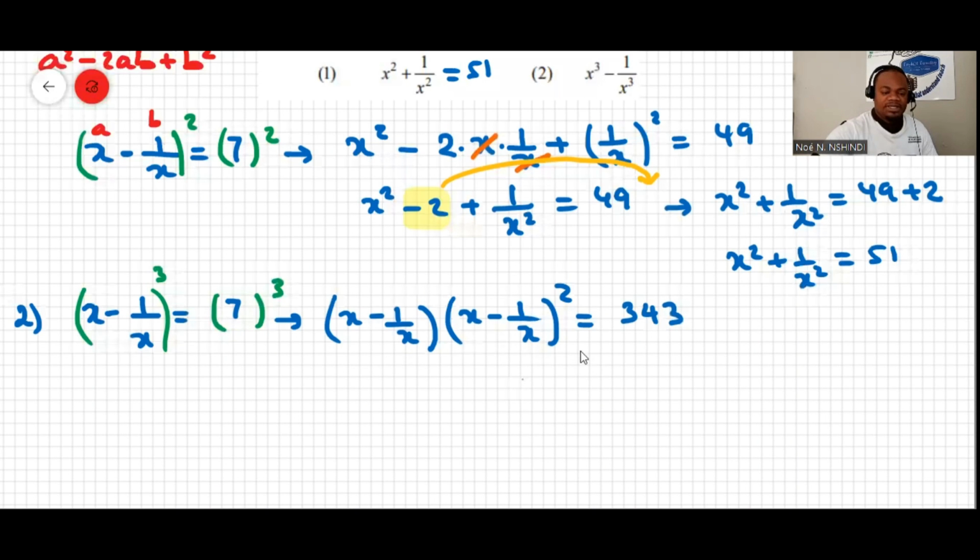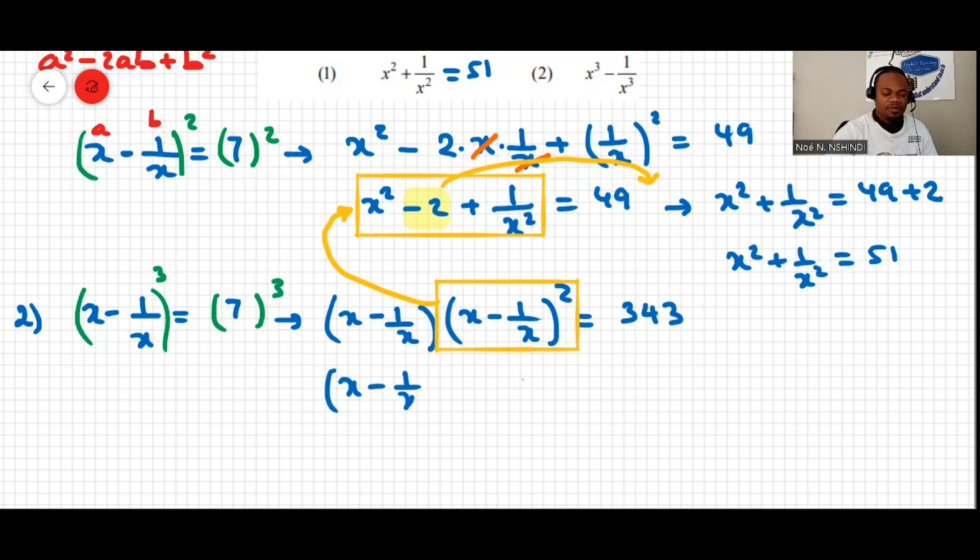As we did expand this part over here, it was proven to be equal to that, so this is the same as that. So I'm just going to substitute it again. Here it's going to be x minus 1 over x multiplied by x squared minus 2 plus 1 over x squared.